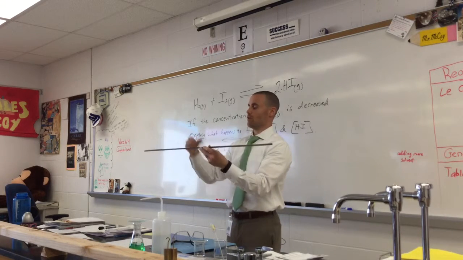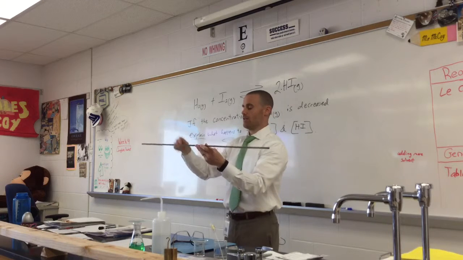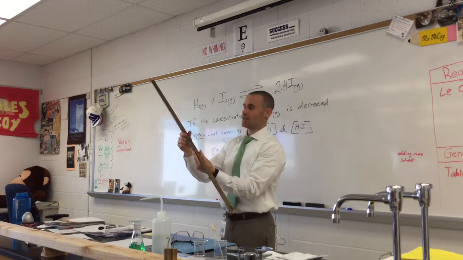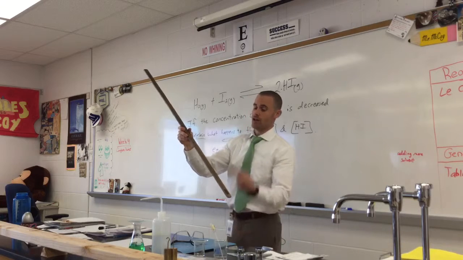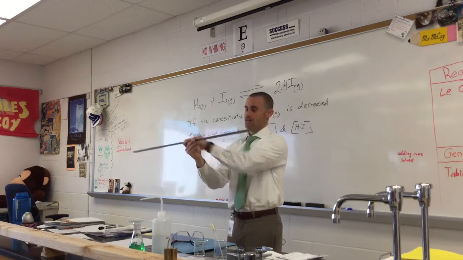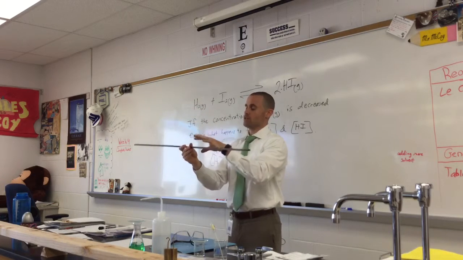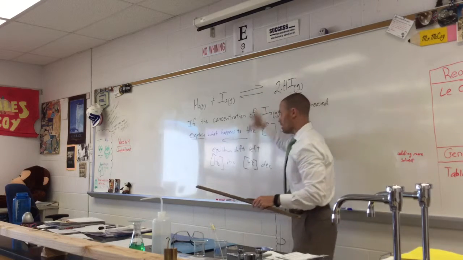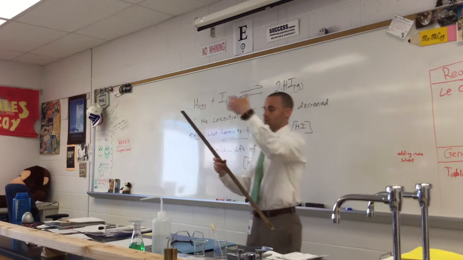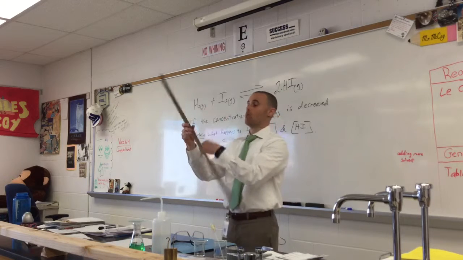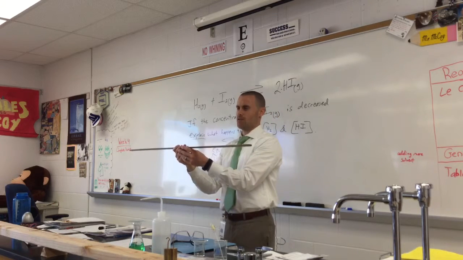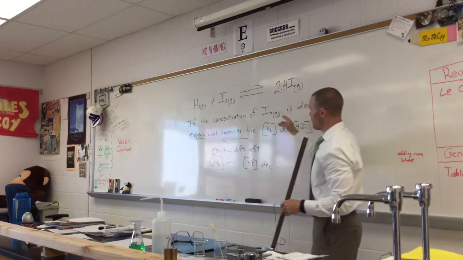Don't think of it as removing the I and then this is the shift. That's not the shift. That's what the stress causes. The shift is this way to go back to being balanced. So to answer your question, always answer all equilibrium questions from the second perspective: how does it shift to go back to being balanced? Does that help answer your question? Okay. Any other questions on this?